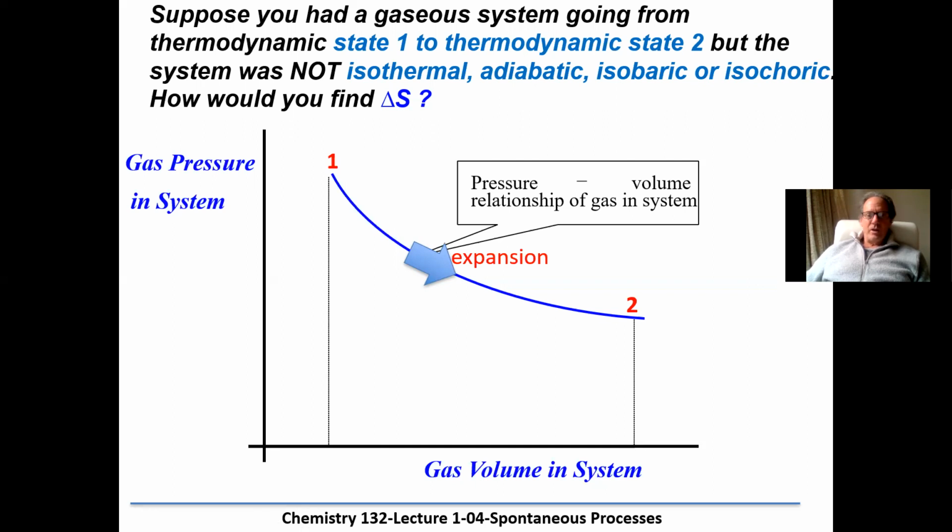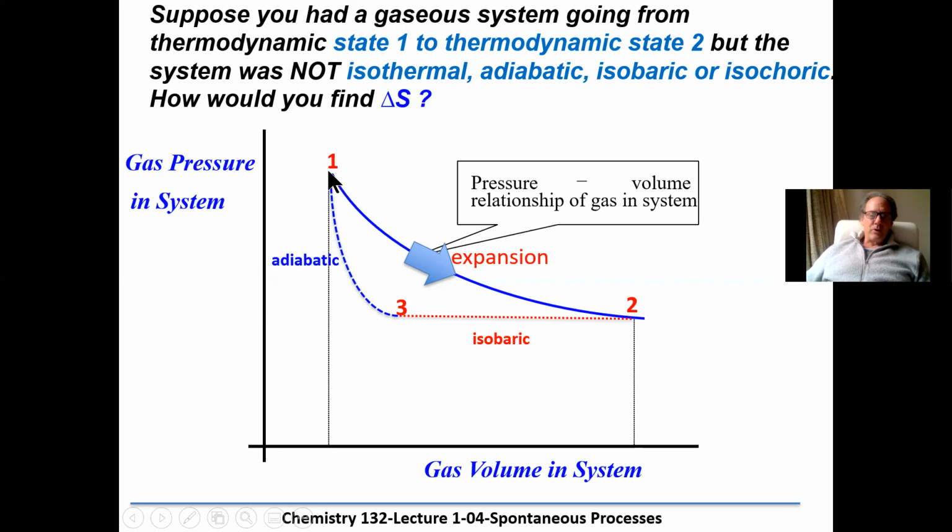If it's an expansion here, we can say, okay, well, what if we adiabatically change that substance? And then we go from one state to a third state. And then what if we take that substance and change it where the volume of the gas changes, but the pressure remains the same? So isobarically, we change it.